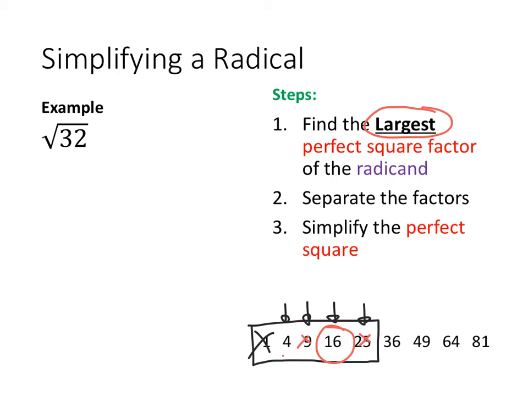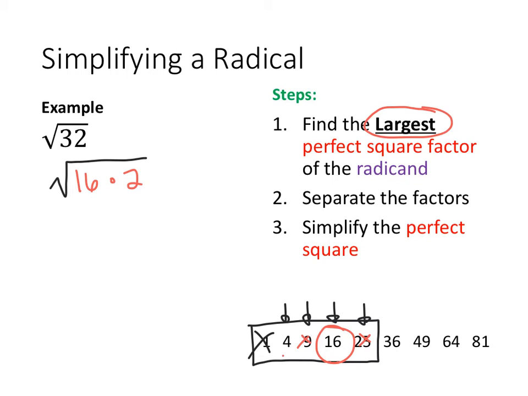So how I separate these is as follows. I'm going to rewrite 32 as a number with a factor of 16. So that becomes the square root of 16 times 2, because 16 times 2 gives us 32. We're writing those factors out in the same way that we did the a times c kind of thing, but the idea is that we're writing those separately.